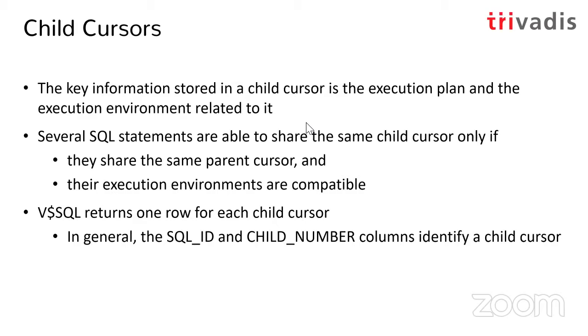But it's always something you do when you have a problem. So by default, leave the parameter at its default value, cursor_sharing equal exact. And if you have a problem, you might consider setting it to force. I hope that answers it.